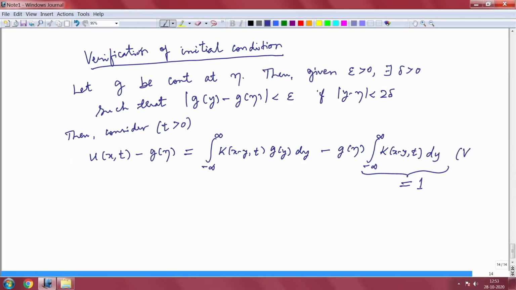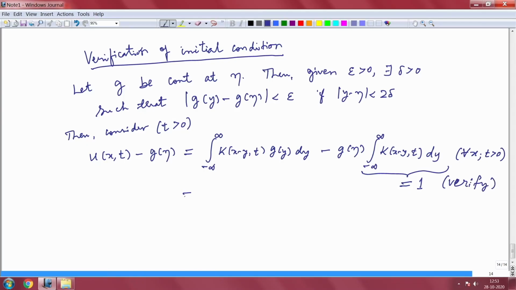So, this is for all x and t positive. There is x here. So, this is just the constant 1. So, verify this. This is another important property.